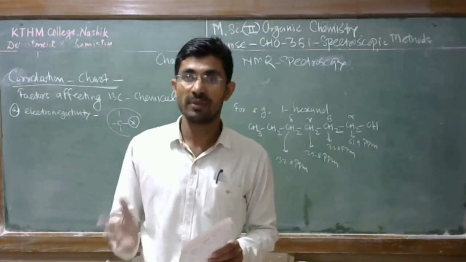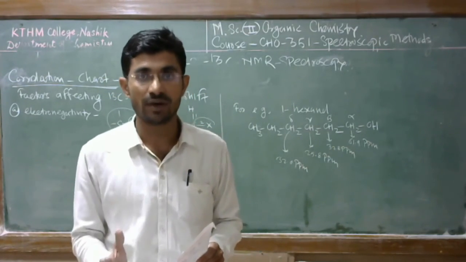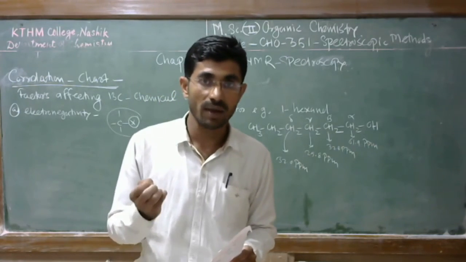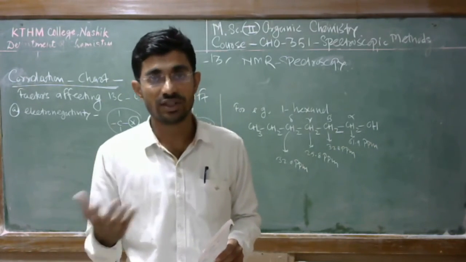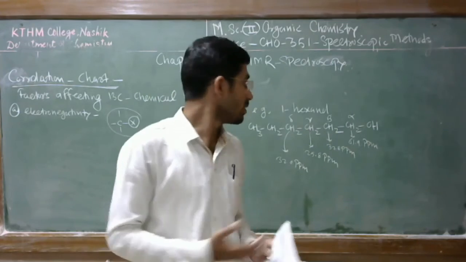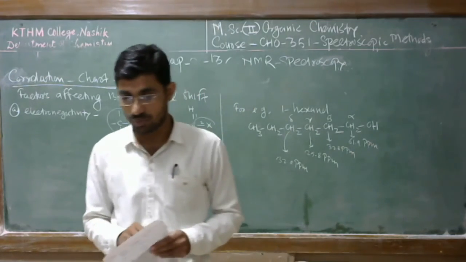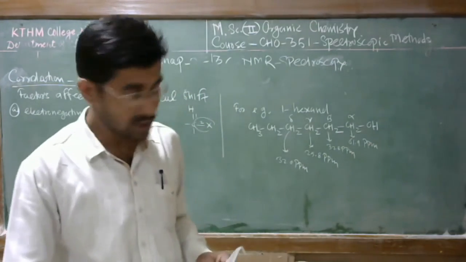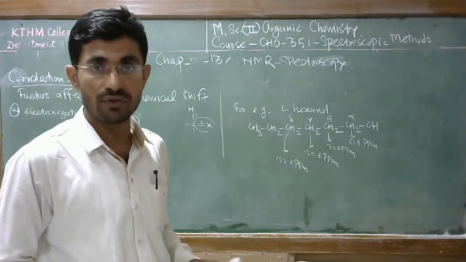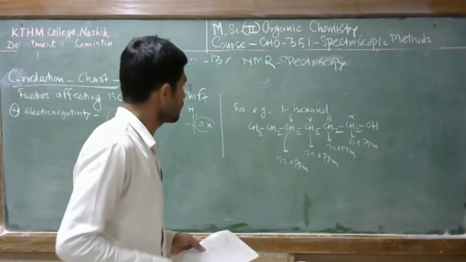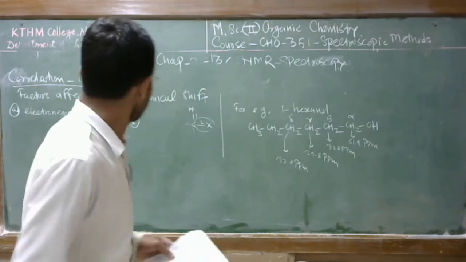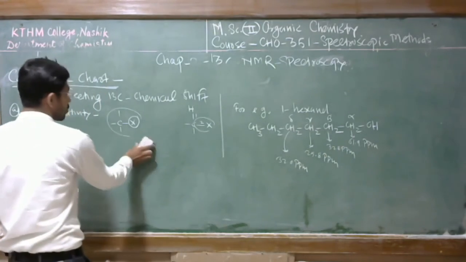Here on the alpha and beta carbons we can observe the de-shielding effect, but for the gamma carbon a small upfield shift in 13C NMR spectroscopy. So this is the example of 1-hexanol. From that we can illustrate this. So the first factor is electronegativity.